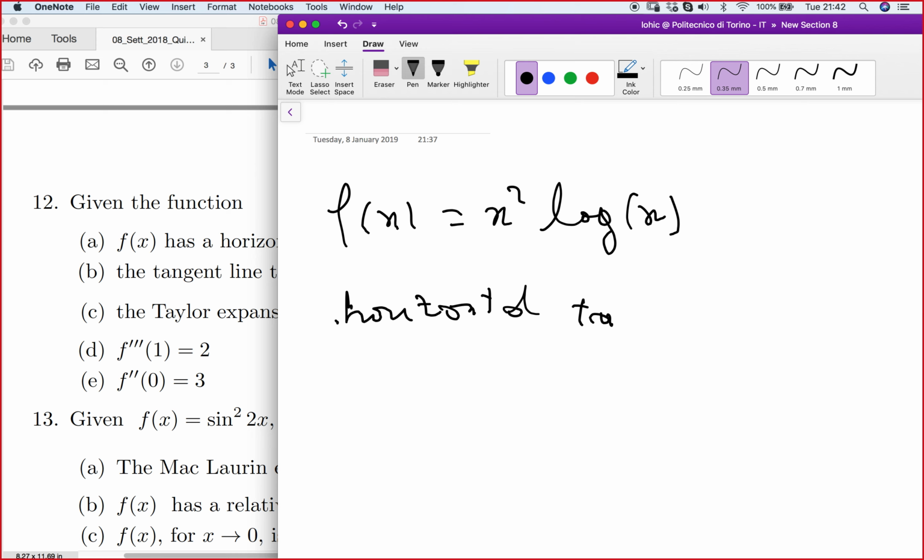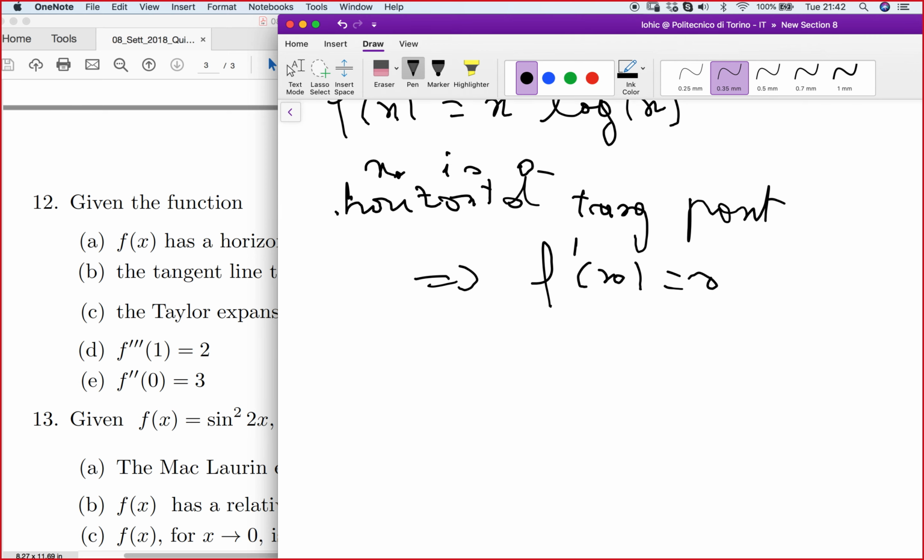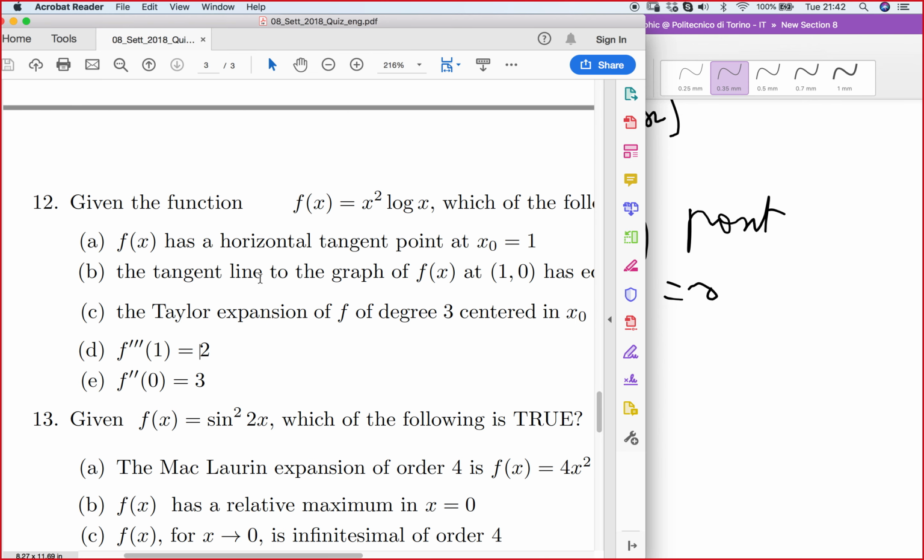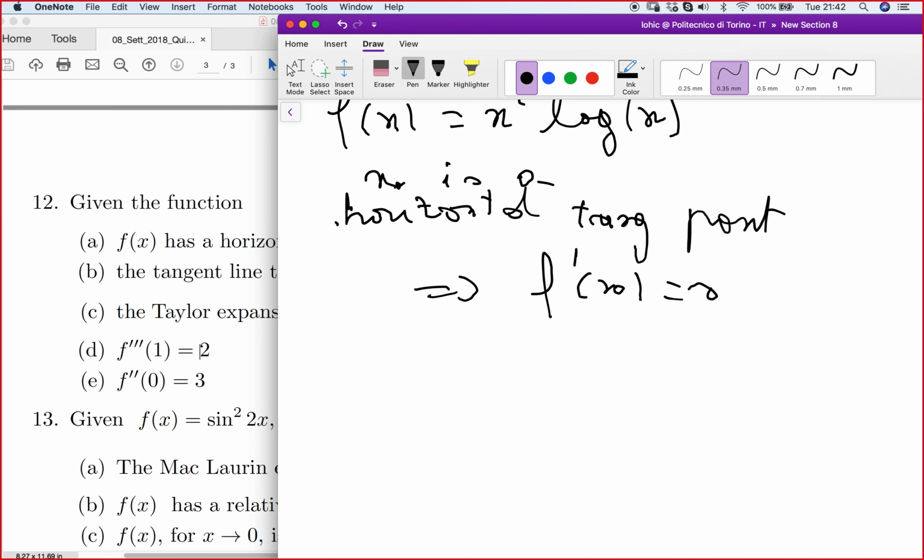So if I say x0 is a horizontal tangent point, it means that f prime of x0 is equal to 0. Thus, in this exercise, it means that f prime of 1 should be equal to 0, right?